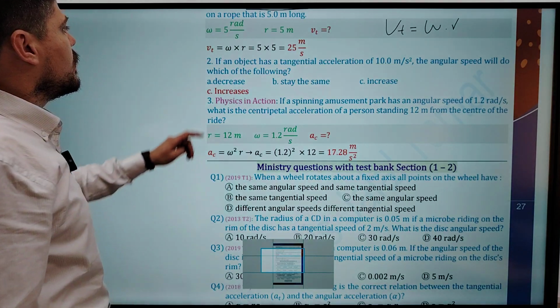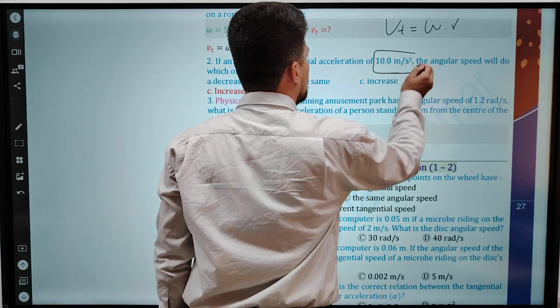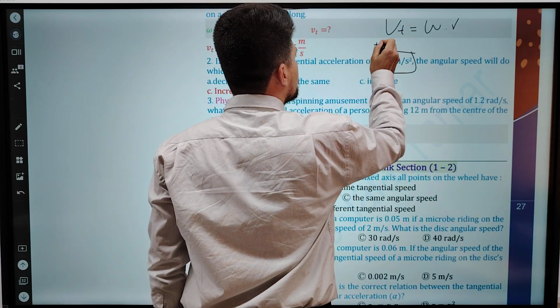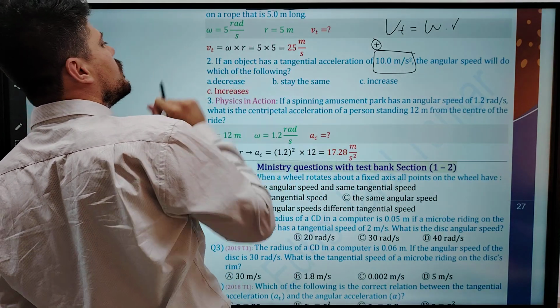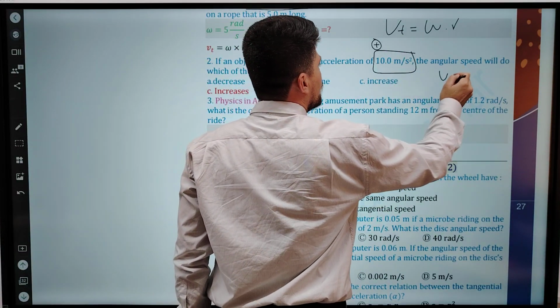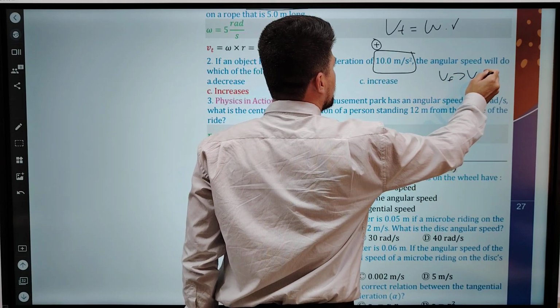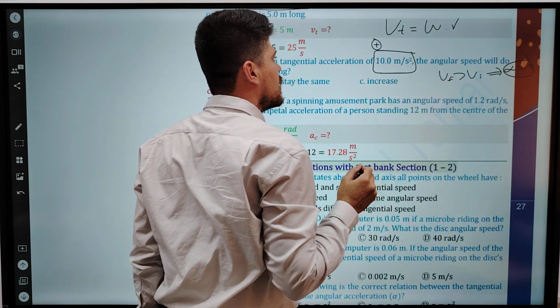Question 2, if an object has tangential acceleration 10 meter per second square, so this 10 is positive or negative? This is positive. The angular speed will do which of the following? When is angular acceleration positive? If V final is bigger than V initial, alpha is positive.